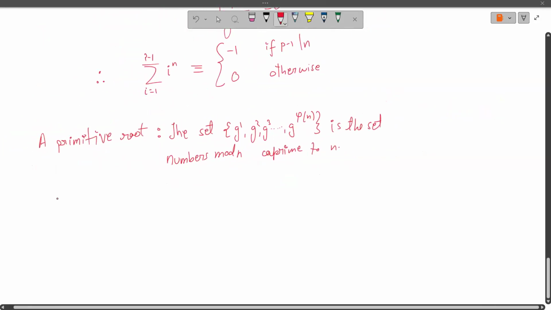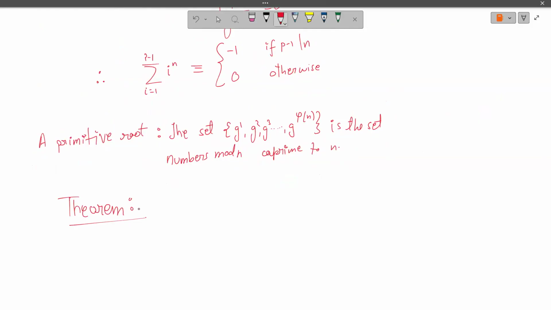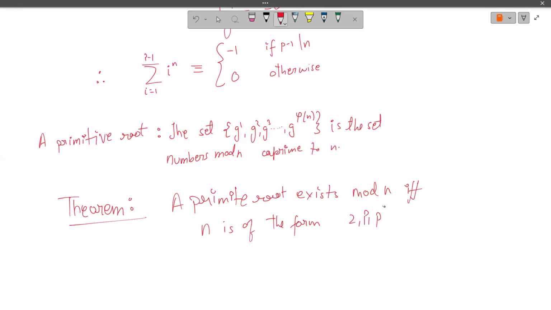now I will give you a theorem which we will not prove. Theorem: a primitive root exists modulo n if and only if n is of the form 2, or p raised to the power k, or 2 times p raised to the power k.